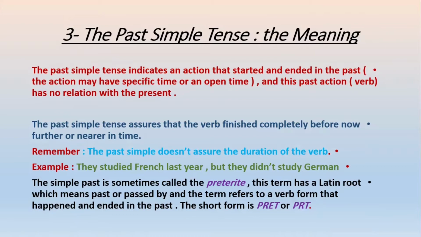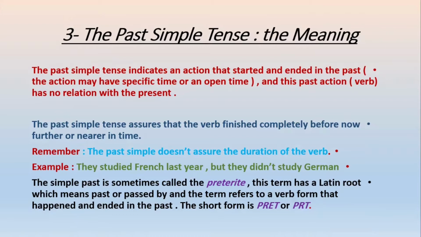No, it assures the idea of when the verb started and when it ended, not how long it took in the past. So what assures the duration of the verb is the progressive tense, not a simple tense. Progressive tenses in English assure the duration, how long verbs take, but the past tenses give other details like when the verb started, when it ended, who did, what happened, like that.